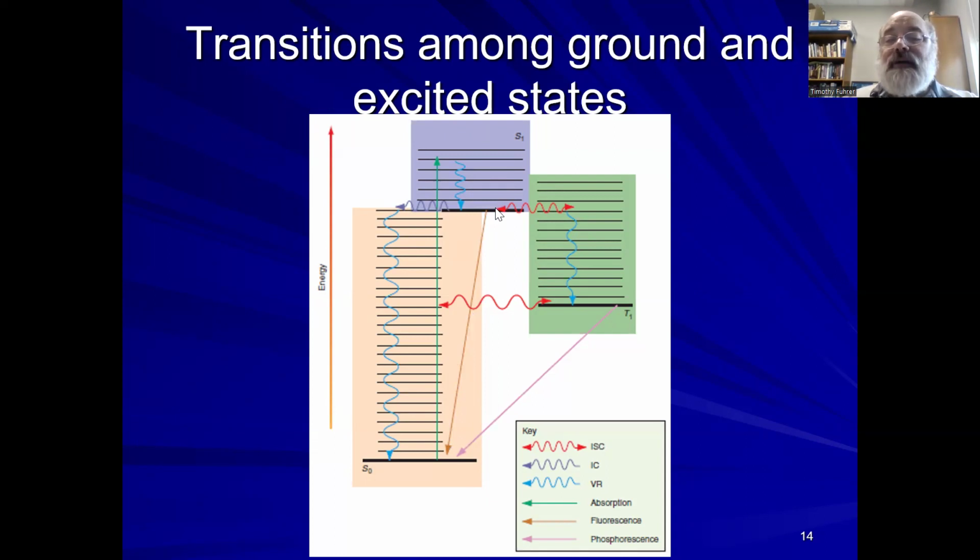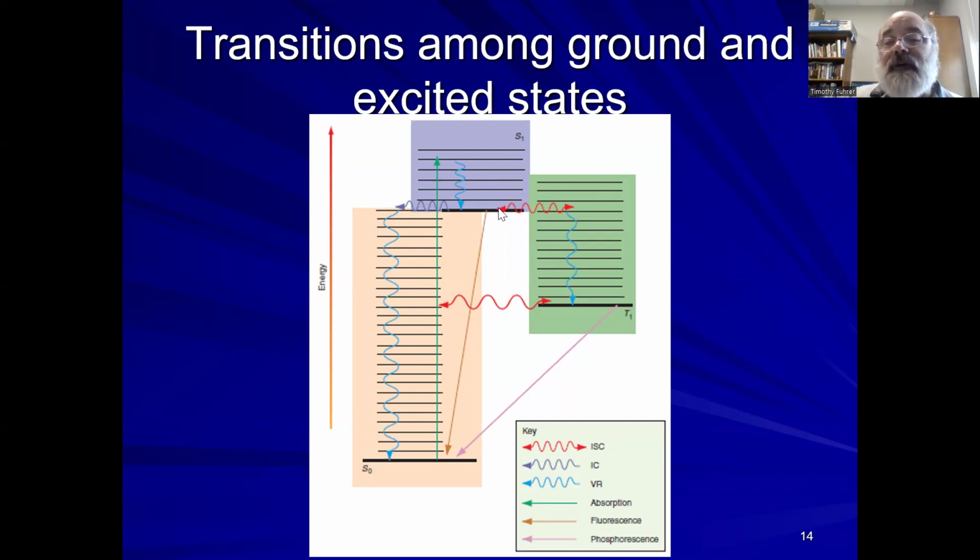But it can jump from singlet to triplet, that usually unallowed transition. It can do that if the triplet molecule has roughly the same shape as the singlet version, and if it can make that jump without changing energy.